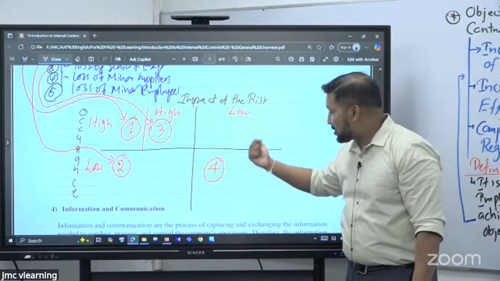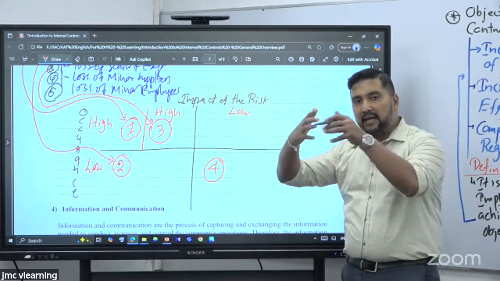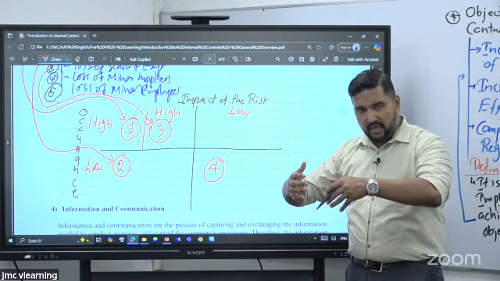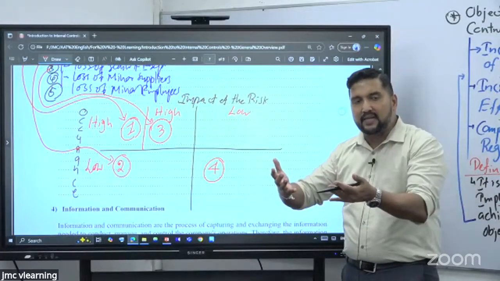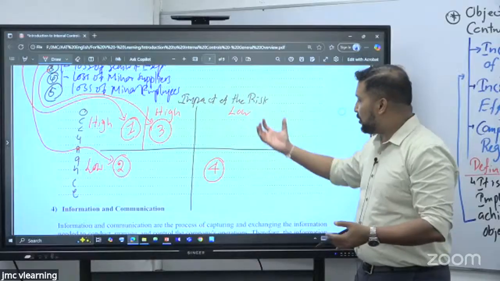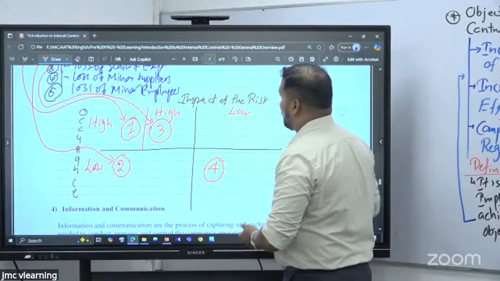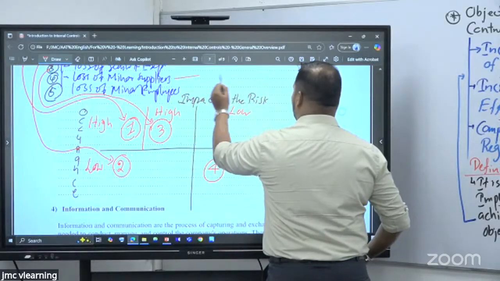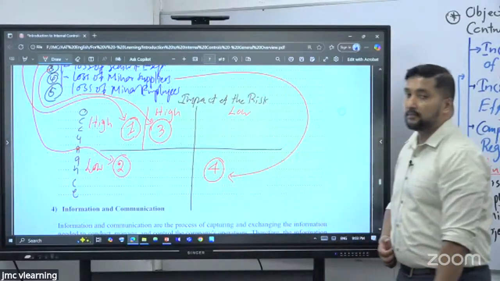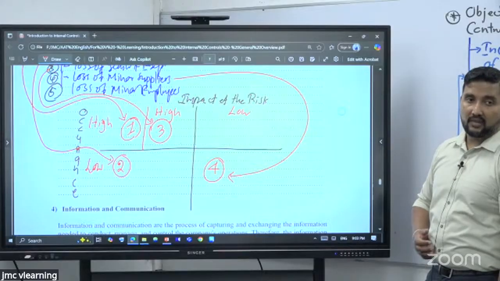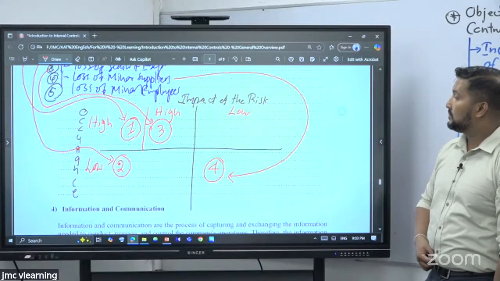So the impact is low since we can find new suppliers, and occurrence is also low because the company has the ability to give that price increase. Are we clear? Yes, sir.